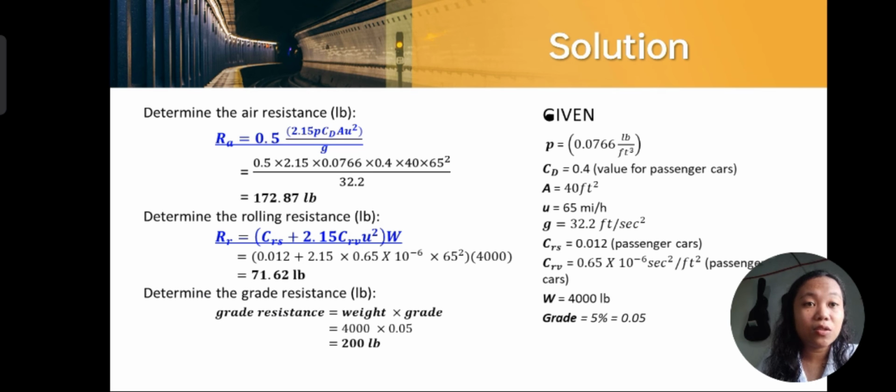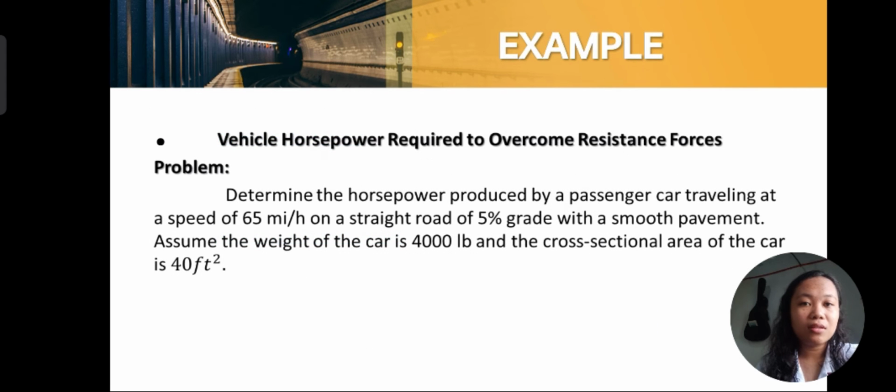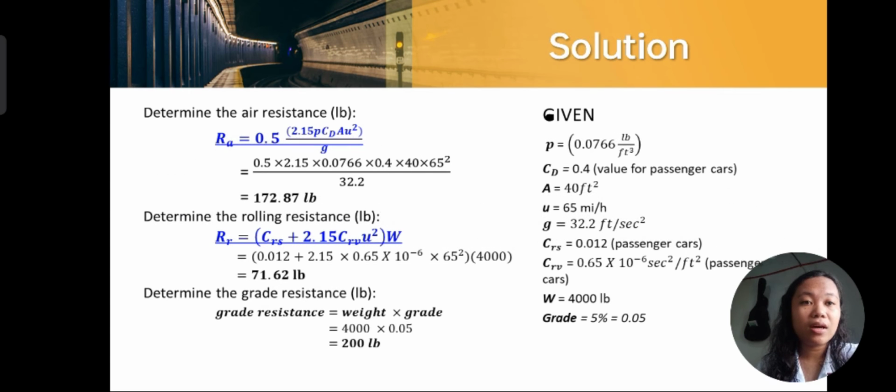And then C sub D is also a constant. The C sub D for passenger cars is 0.4. A is 40 square feet, since it's mentioned here that the cross-sectional area is 40 square feet. The vehicular speed is 65 miles per hour, and g is the gravity, which is 32.2 feet per square second.